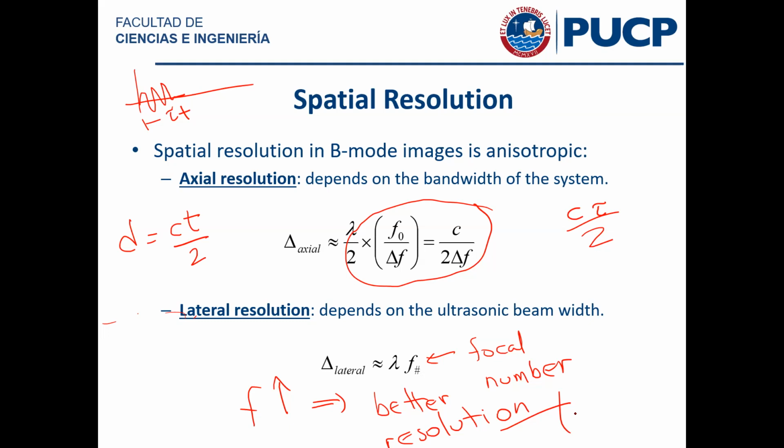If you want to do abdominal imaging, the abdomen is a very thick portion of your body. If you want to go all the way inside the liver, for example, it could be several centimeters, and the liver is very big, so you want to look at the whole thing laterally too. So for that, you're going to use very low frequencies. If you want to look at the thyroid glands, you would want to use very high frequencies, and that's not as deep as going inside the liver. So you could safely do that.